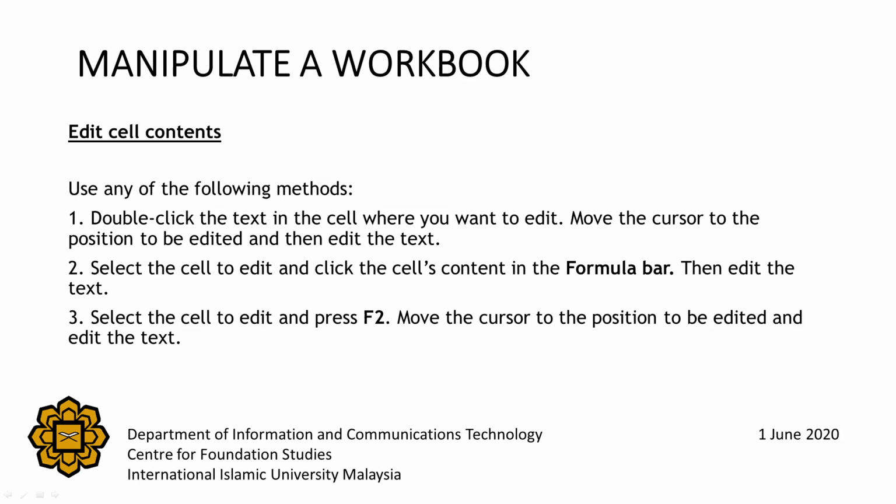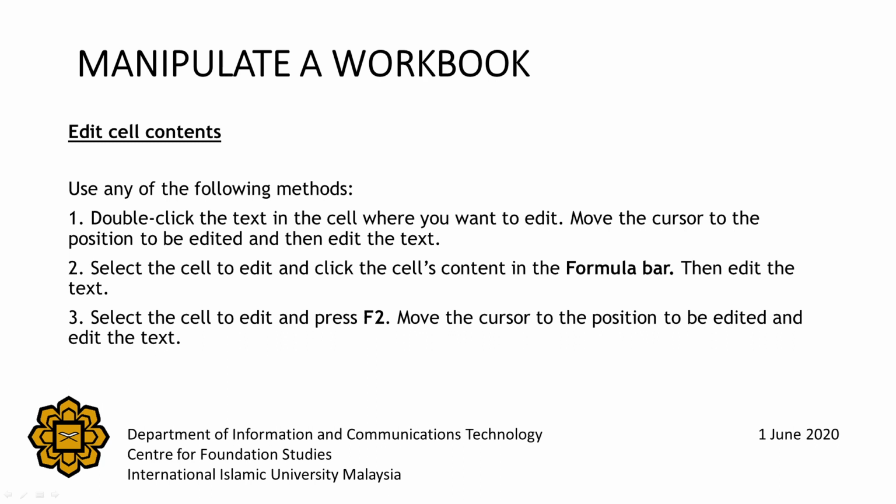The next method is to select the cell to edit and then click the cell's content in the formula bar, and then simply edit the text. The other way is to select the cell to edit and use the function key on your keyboard, that is F2. Then move the cursor to the position to be edited and simply edit the text.